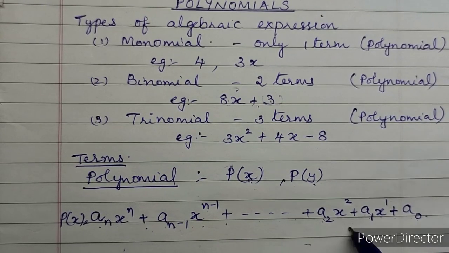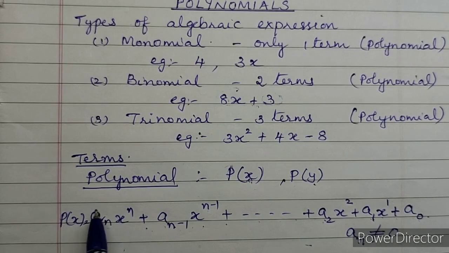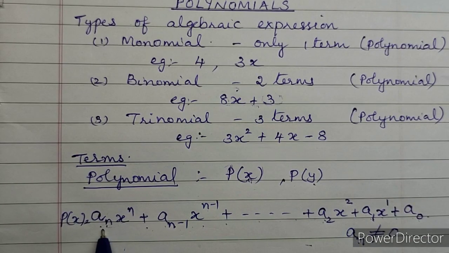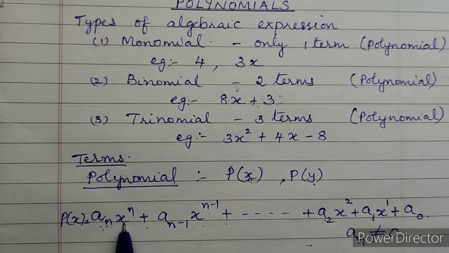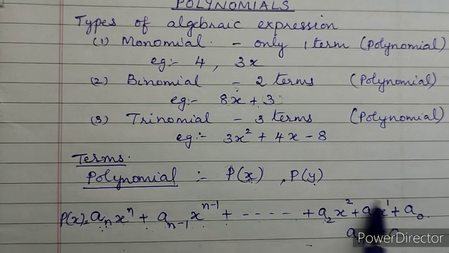And one more condition is there, an not equal to 0. The starting number should not be 0. If it is 0, then that term itself will become 0. So this is the general form.